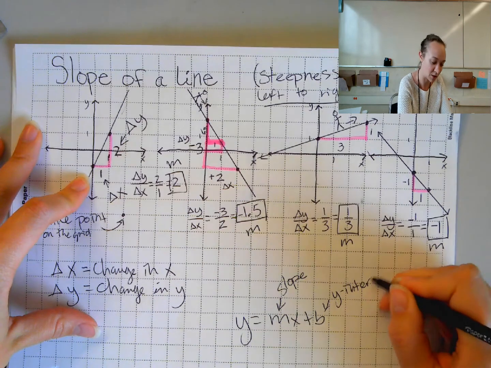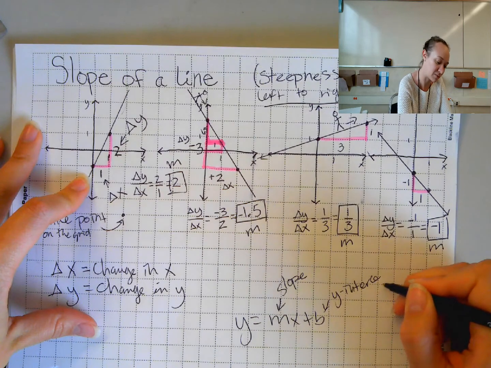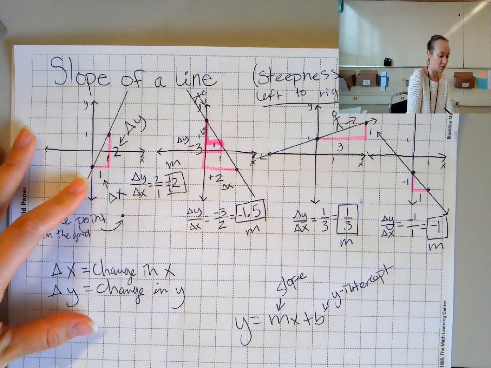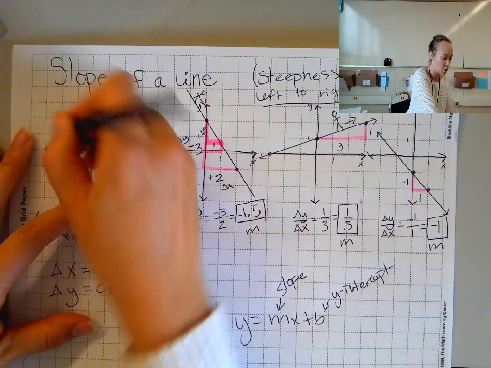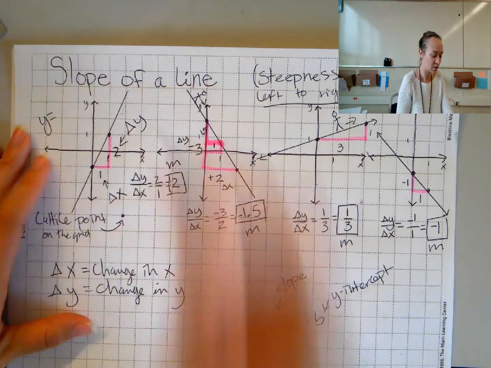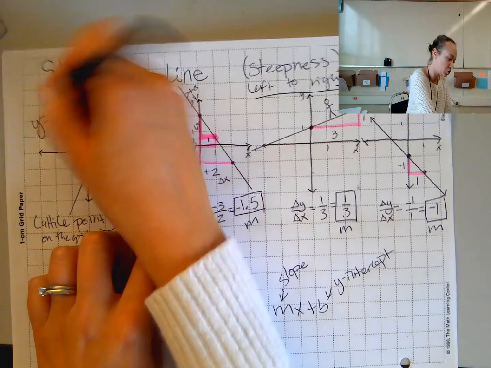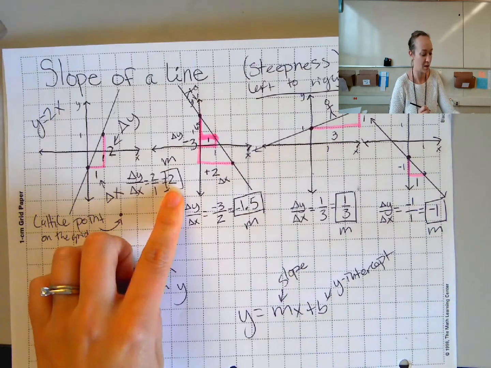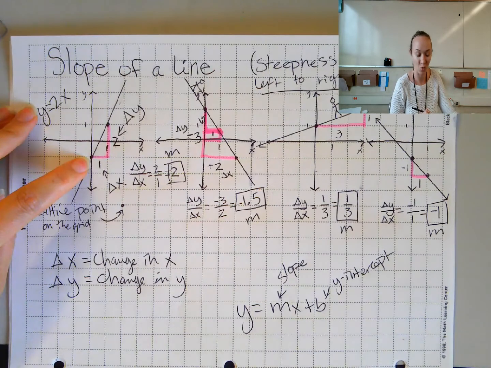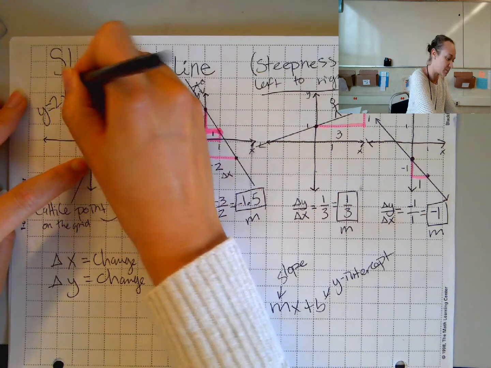But I am going to teach you how to solve for it if you don't have it easily available. So then for the first one, I'm going to write y equals, slope is 2x, and then the y-intercept was -1, so 2x minus 1.